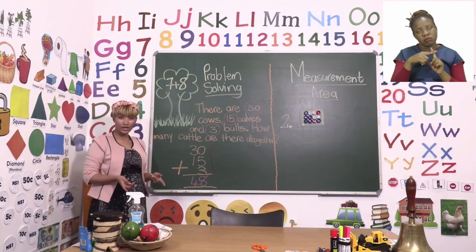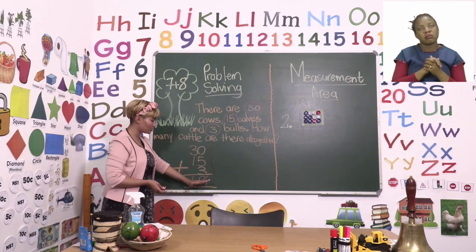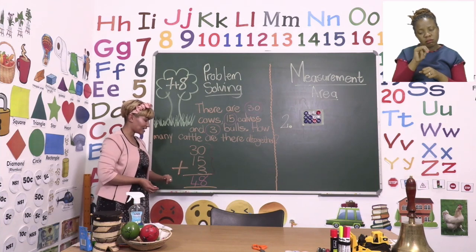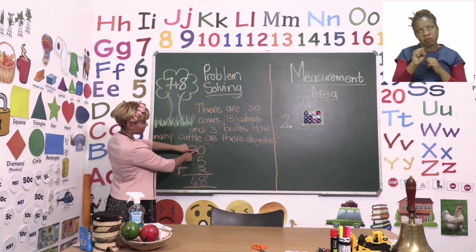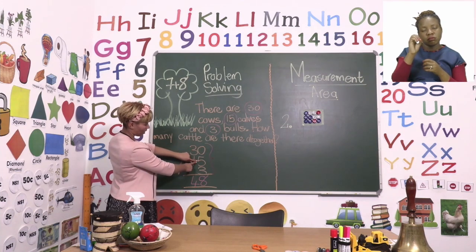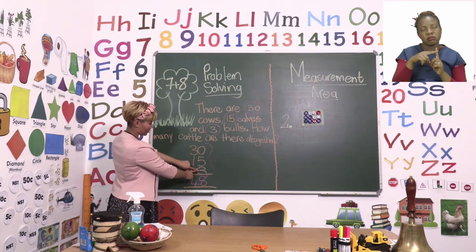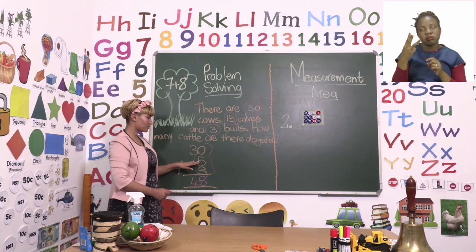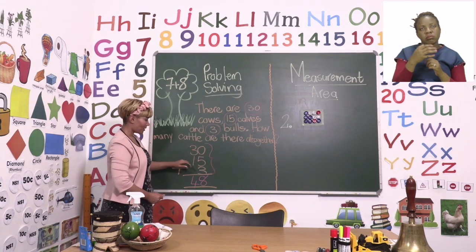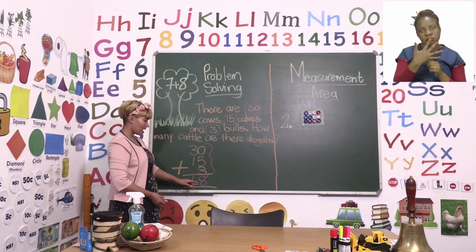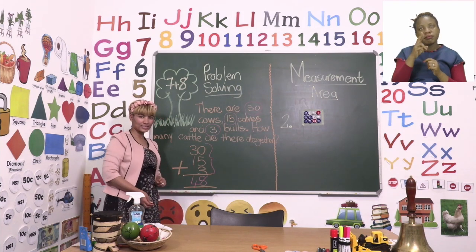So now we go ahead and we add up our units first and then our tens. When we add up our units, we say 0 plus 5 plus 3. So 0 plus 5 gives us 5, and 5 plus 3 is equal to 8.